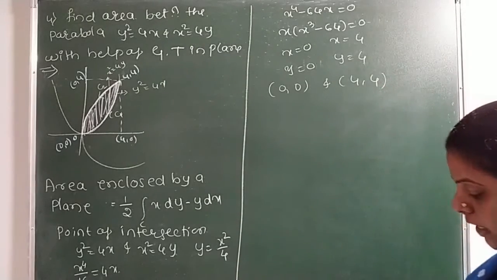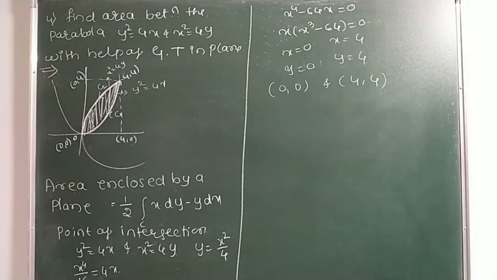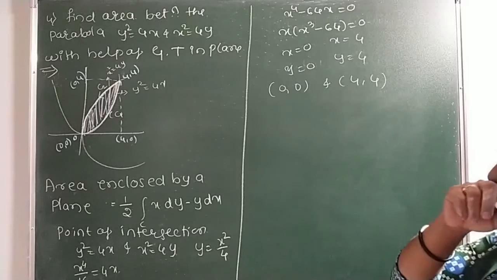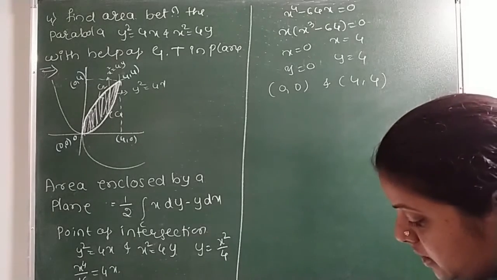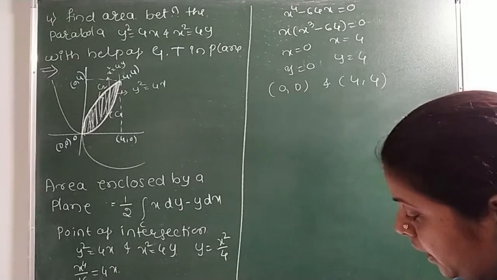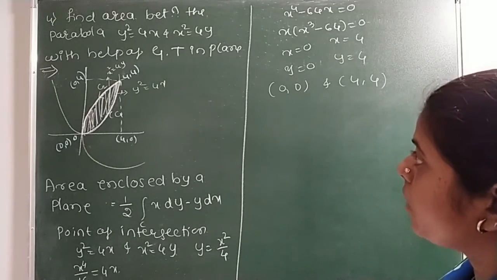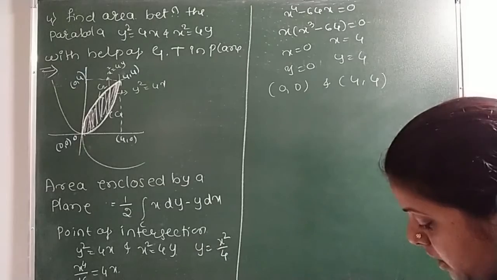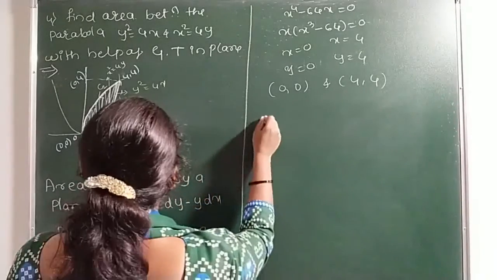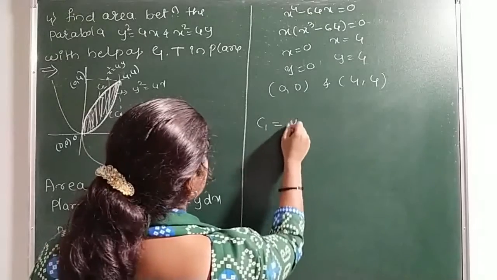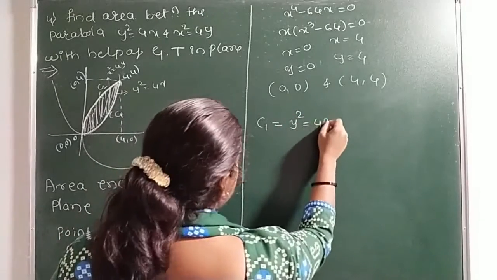Now you have to take these points and find the curves C1 and C2. First curve, that is C1, is y square is equal to 4x.